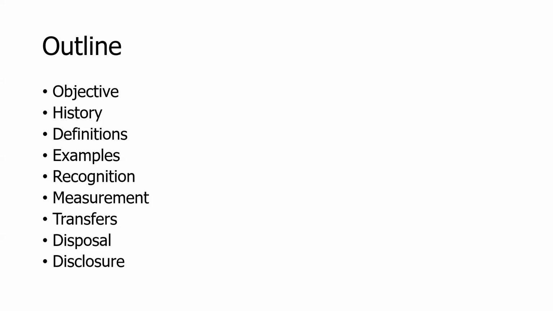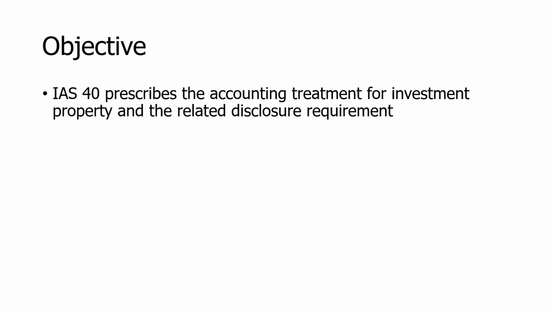How should you measure it? What happens if you transfer investment property? How should you account for it? And when there is disposal of investment property, how should you treat it? And what is the disclosure requirement for investment property? So this is our objective for the lecture.